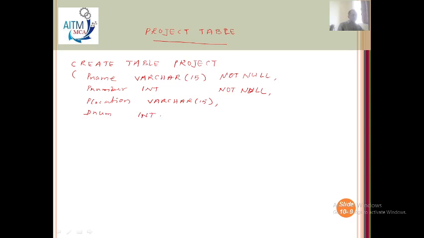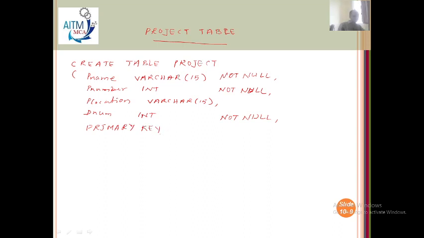Now you tell me which is the primary key and which is the foreign key here. This is also not null. Which is the primary key? Project number, sir.